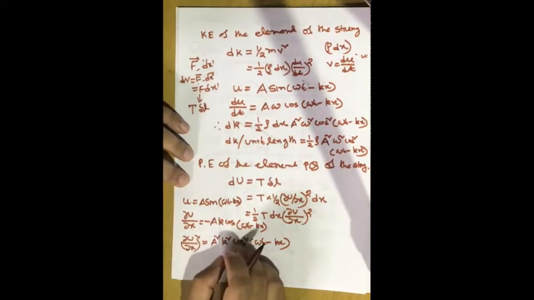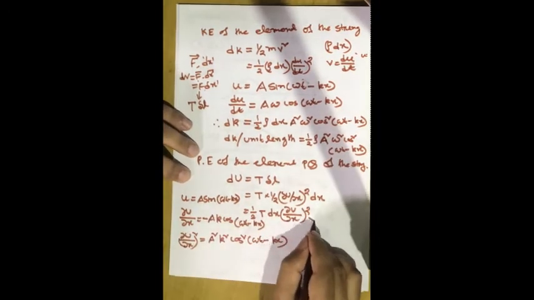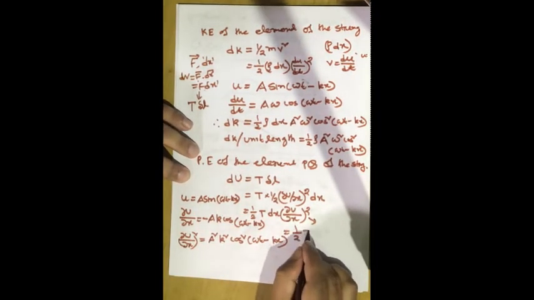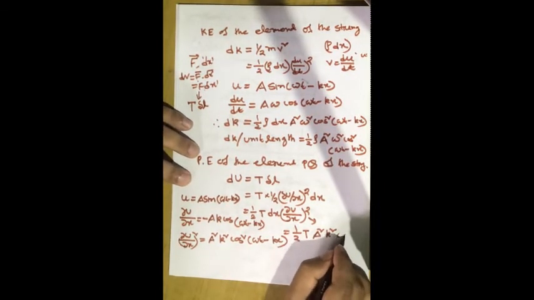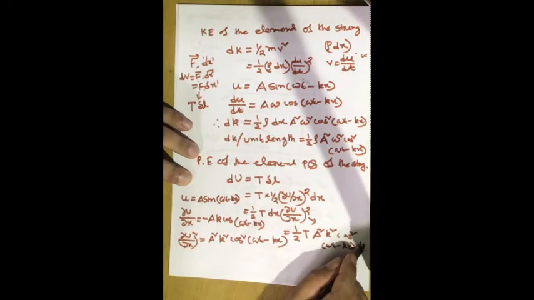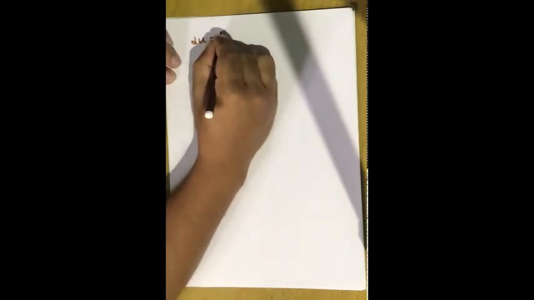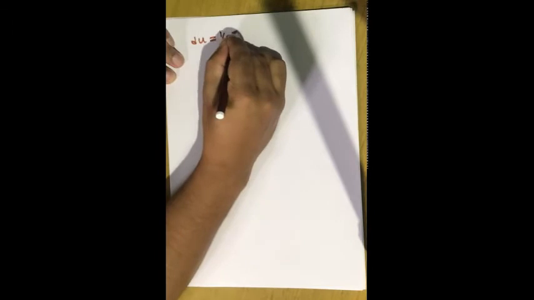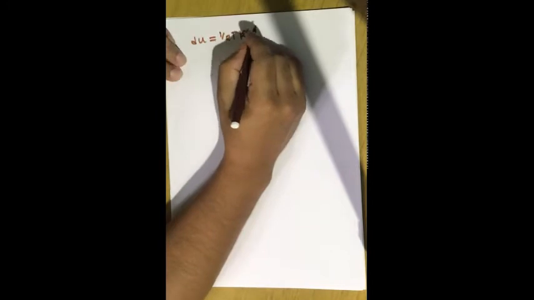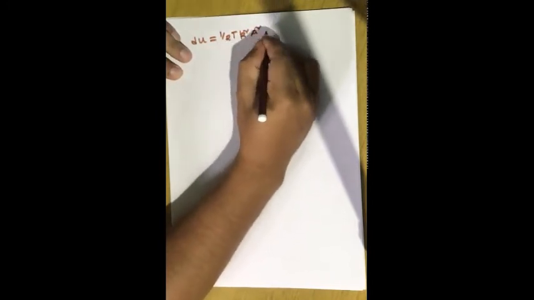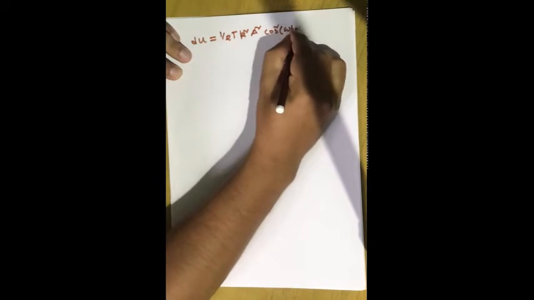So we are going to put this value here, and this will be equal to half into T a square k square cos square(omega t minus kx) into dx. Now the expression for potential energy of the string is dU is equal to half into T k square a square cos square(omega t minus kx).